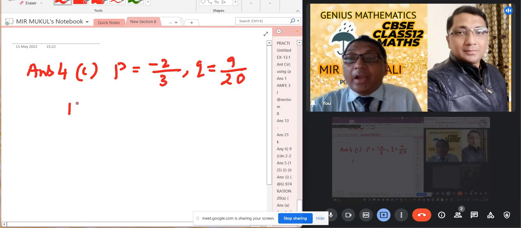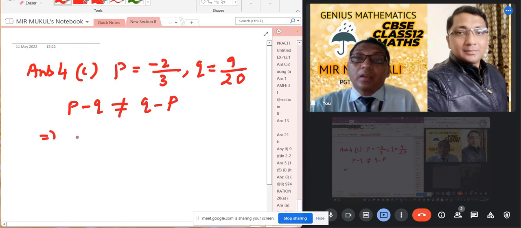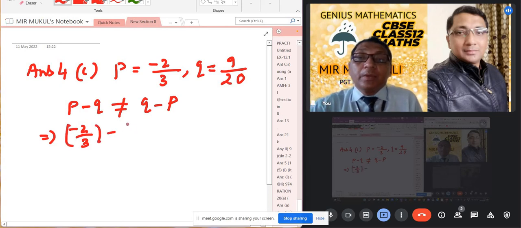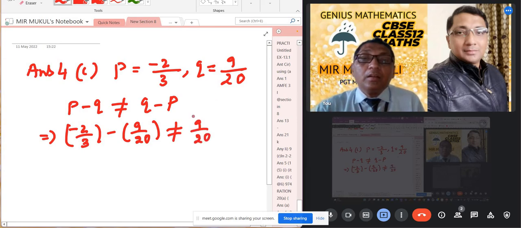So we have to verify P minus Q not equals Q minus P. So P is minus 2 by 3, minus Q is 9 by 20, not equals Q is 9 by 20 minus P is minus 2 by 3. Sure.